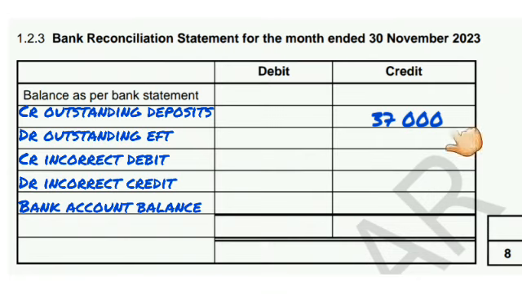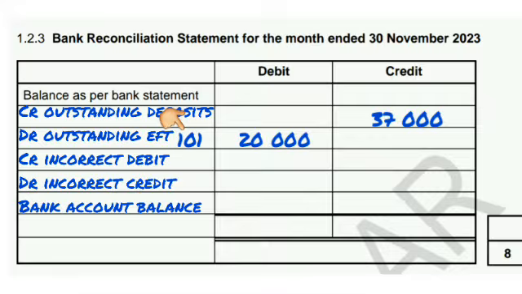We have put it correctly there in our credit side as 37,000, and then from there we are going to focus on our next line item, which is debit outstanding EFTs. With outstanding EFTs, the first thing you have to do is write the number of the EFTs.